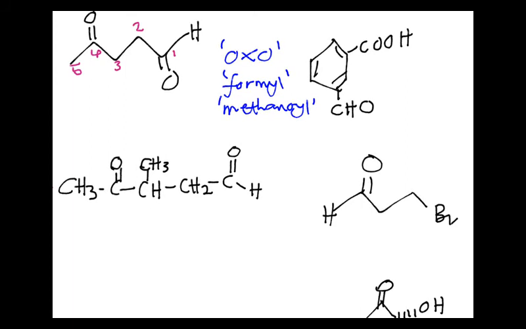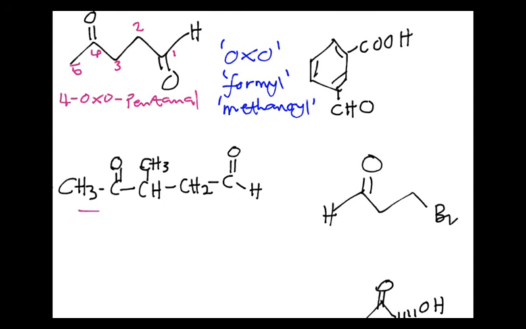So what will be the name? It's going to be 4-oxo. Remember, ketone is prefix oxo if it is lower in a compound. So 4-oxopentanal. Alright, what about this one?